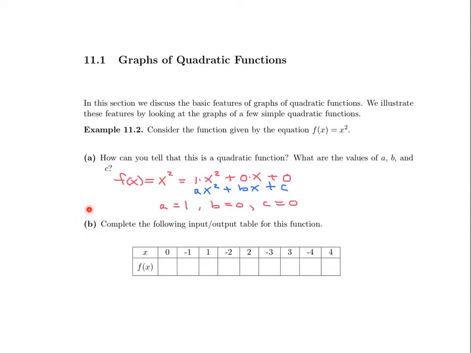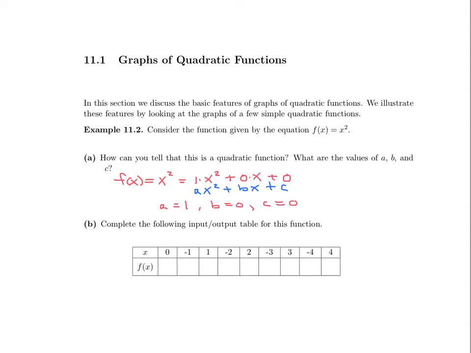So let's look at part B. Complete the following input-output table for this function. So we're going to substitute these values here into our function. Well, what is the function going to do to these values? This is a function that squares whatever number you put into the function. So we effectively need to square all of these numbers to get our outputs.